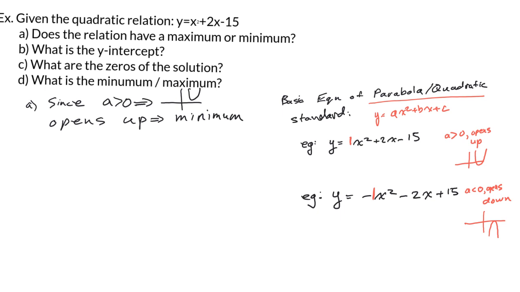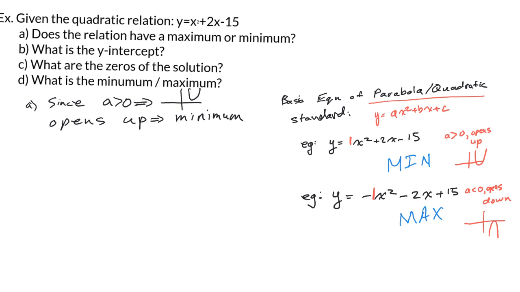So when it opens down, this is a max. When it opens up, it is a minimum. So let's put this in blue here. So we have a max here. No, a minimum there, because it's opening up. And it is a max if this thing opens down. All right. So now we have part A answered.